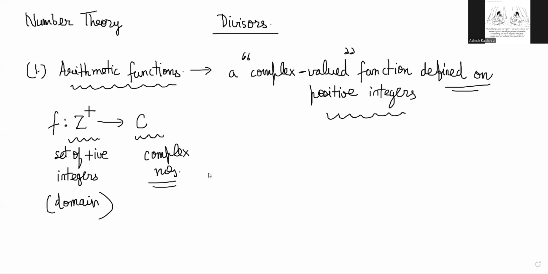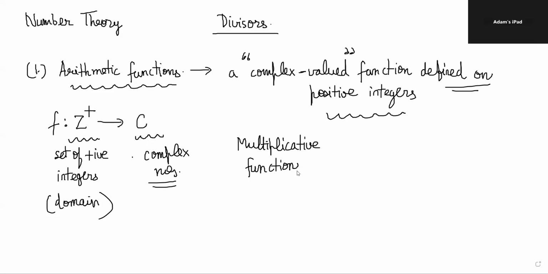Now, there is a reason why we are talking about all this. So, this is a general arithmetic function. Inputs will be positive integers, output will be some complex number, right? So the specific type of arithmetic function that we want to discuss is multiplicative functions. What are multiplicative functions?